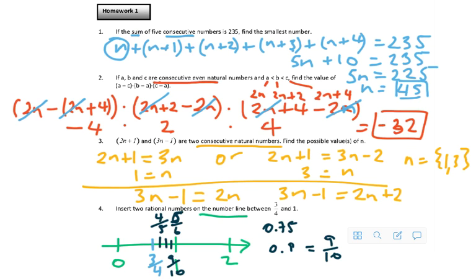We already have 0.8. And I'm sure you could think of other numbers to put in. 95%, I guess, so you could say somewhere here, 95/100, or simplify that if you like. And there are actually infinite rational numbers that we can insert on the number line between there, so a number of different strategies you can use.